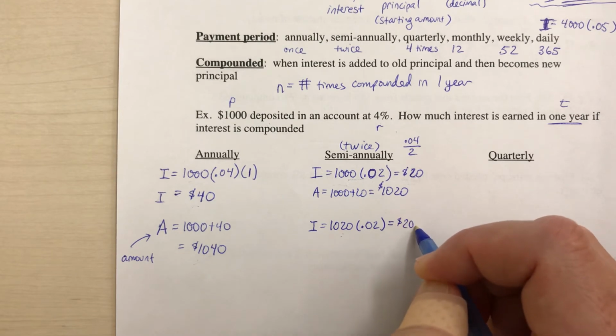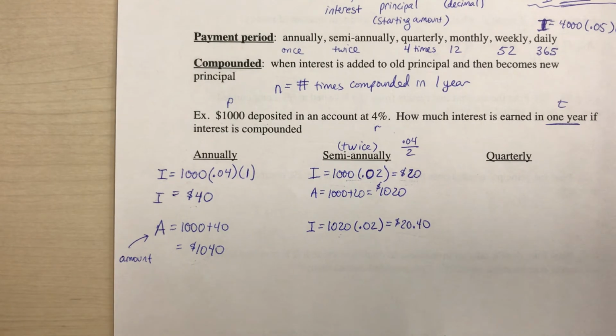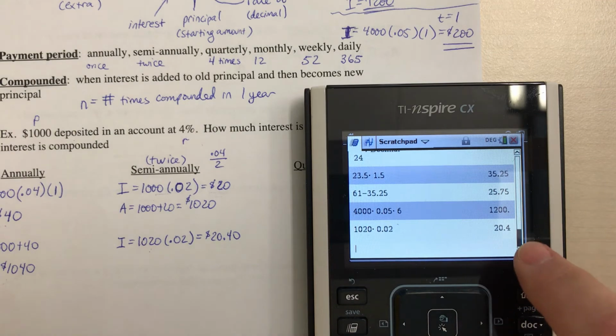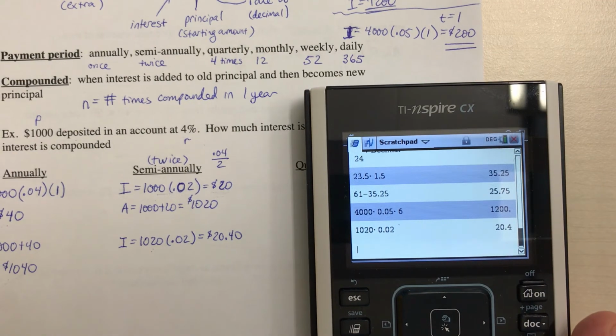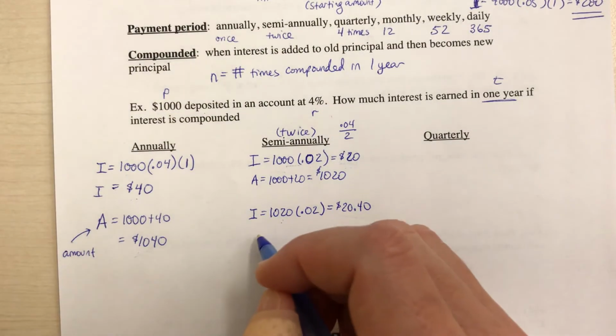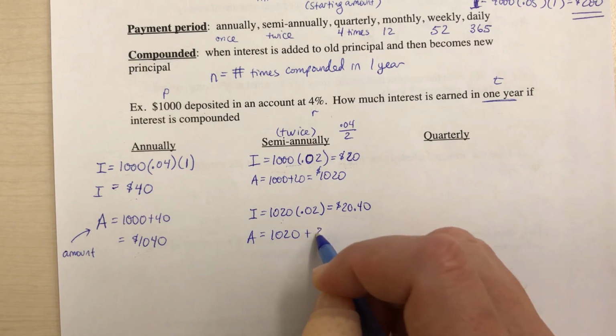We're going to get $20.40. Okay, so if I do this with the calculator just to show you, 1,020 times 0.02, 20.4, which is $20.40. Now the new amount would be the principal, 1,020, plus the extra money.